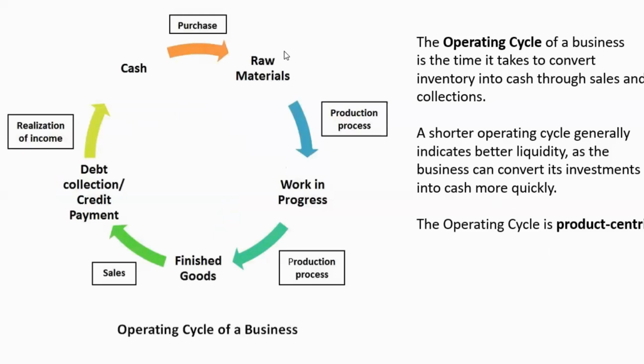They will be able to convert what they bought into cash much quicker. It depends upon the industry. Operating cycles depend upon the industry. If it were the shipbuilding industry, then the operating cycle will be much longer.